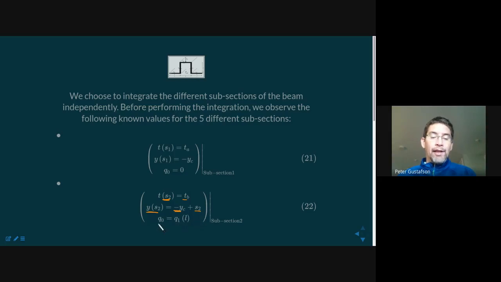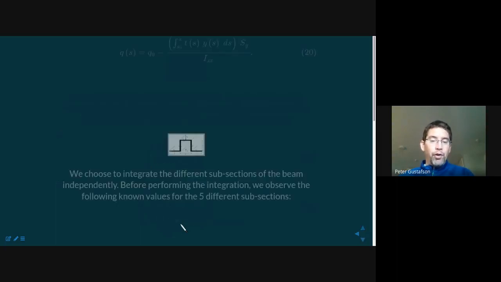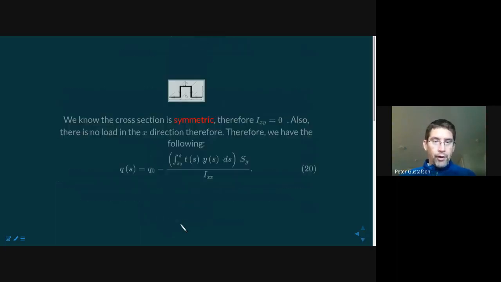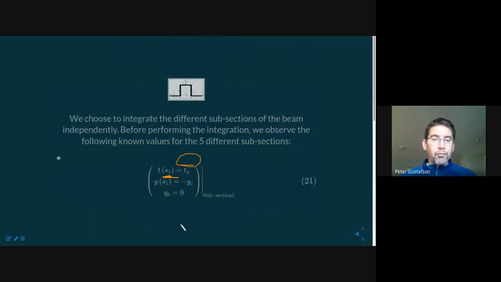And then last but not least, the integration constant as we start at this location where S2 is equal to 0. Well, we don't know much about it yet, but we do know that it is equal to the value of Q as we have moved from, let's see here, go back to this.